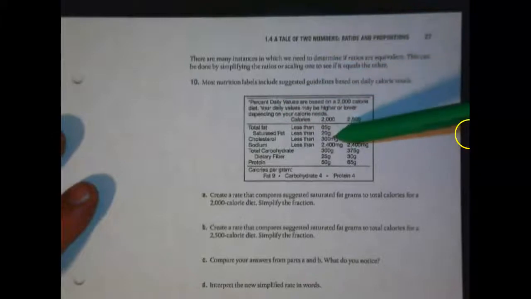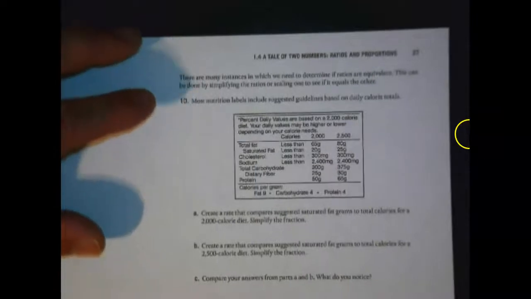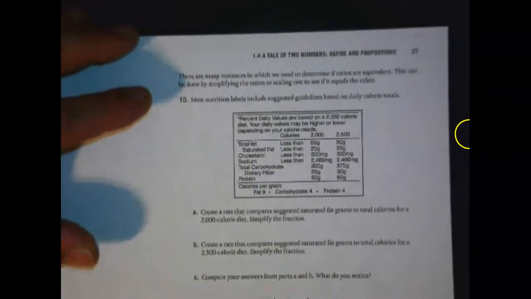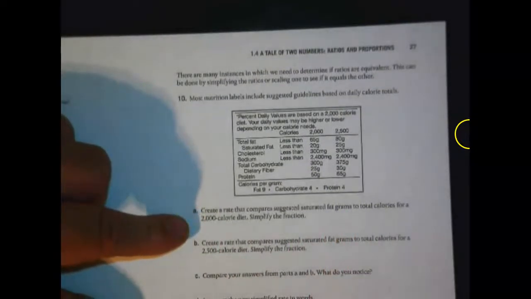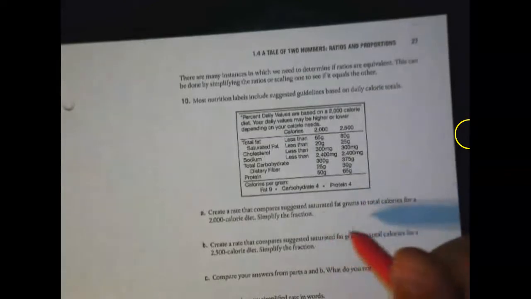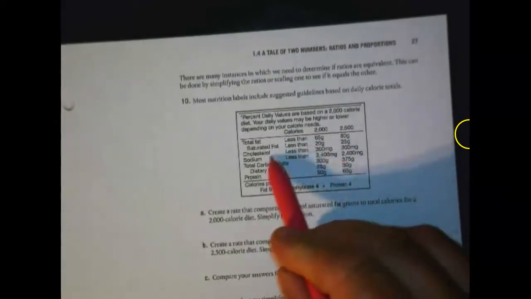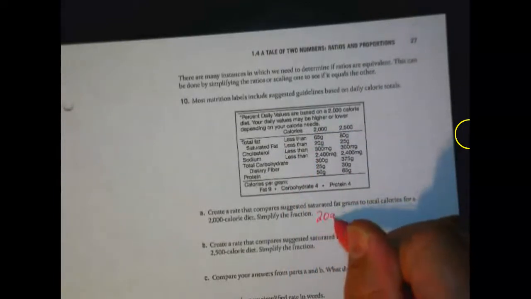Okay, number 10. They want us to use this label to answer the questions. Let's use a different color. Create a rate comparison of suggested saturated fat grams to total calories in 2000. Simplify the fraction. Saturated fat in 2000 is 20 grams, in a 2,000 calorie diet, part to whole.